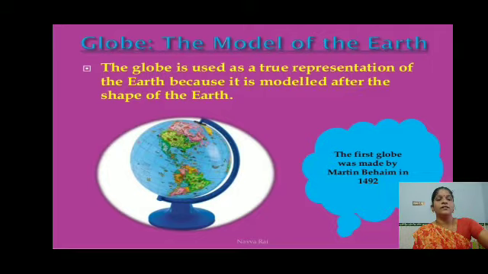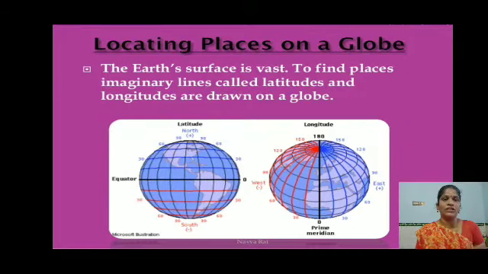Okay, the next, the two sets of imaginary lines which run through the globe and on earth. For what purpose have the geographers drawn these imaginary lines on the earth? Yes, for two things they drew these lines on the globe. Why? To find places on the earth easily.